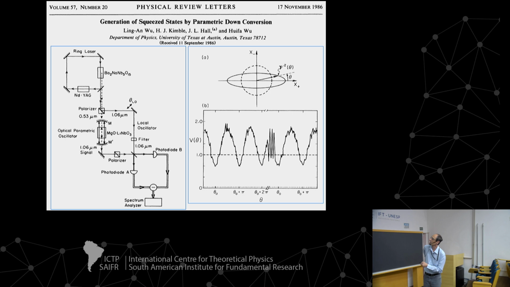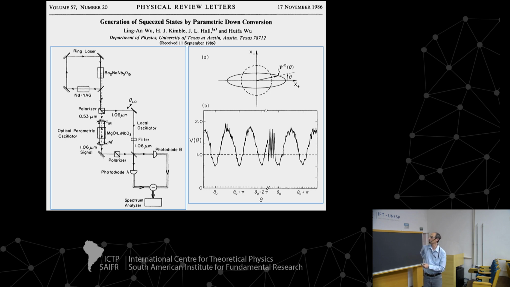So he's taking here a neodymium YAG laser, doubling it, sending the green light here into the optical parametric oscillator. You have the nonlinear crystal that's kept in resonance at 1.06 micron that will be producing here a mode in the vacuum. And the laser here serves as a reference, your local oscillator.